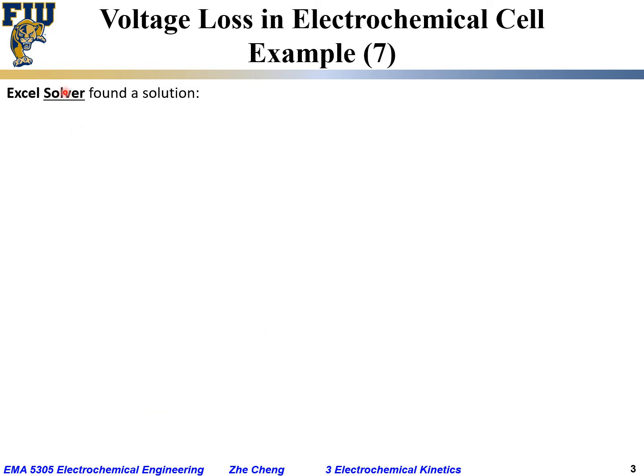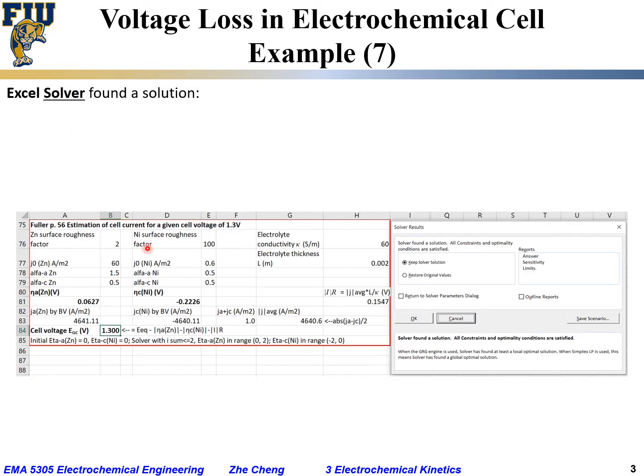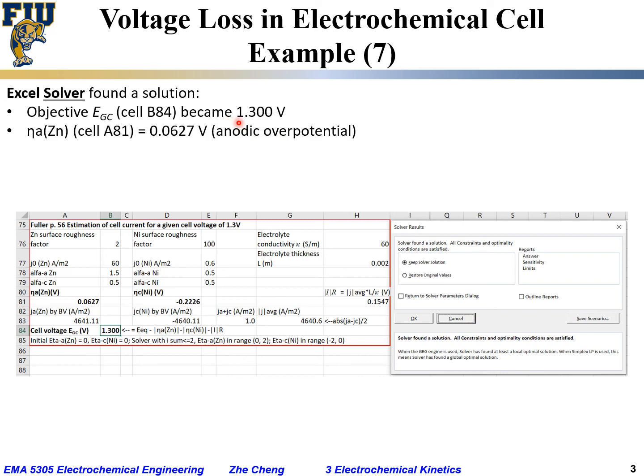Okay, then with Excel solver, if you set it up, it will find a solution. Excel solver finds a solution and shows here. The objective EGC, which is cell B84, now indeed became 1.300 volt.